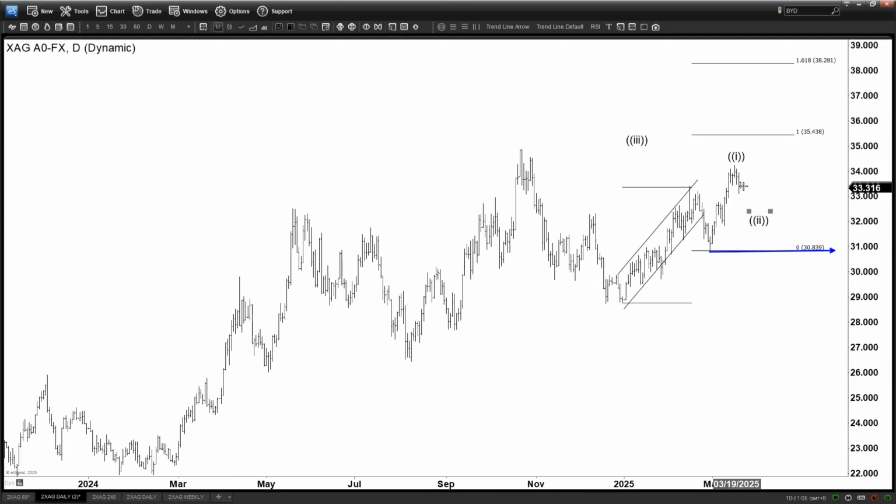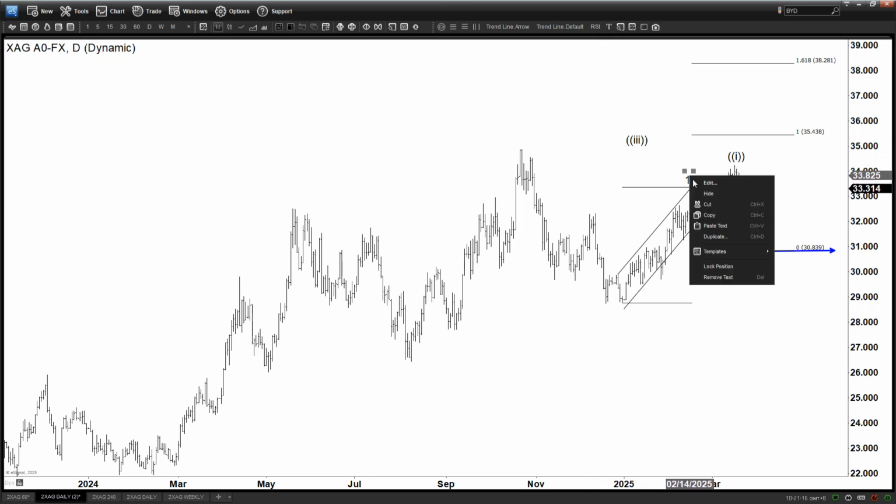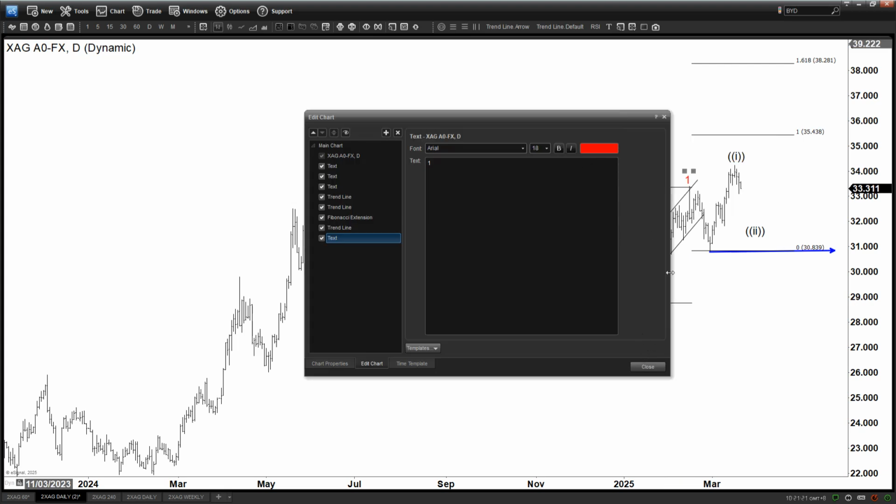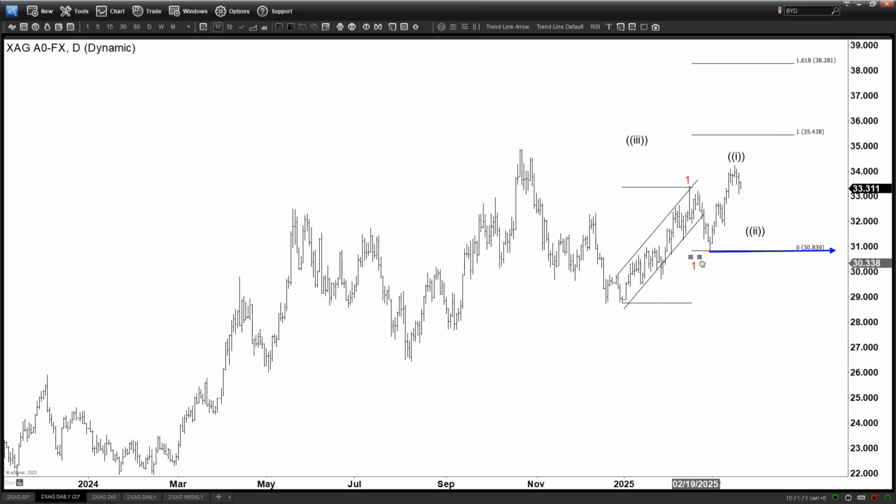So going back to the daily, if we do go for the downside, I can still call it this way. So this still can be a 1 and 2 from this low in a higher degree in the daily, which is the minor degree in that case. Okay, and we're going to be doing this with 2, but still expected to go higher, right?